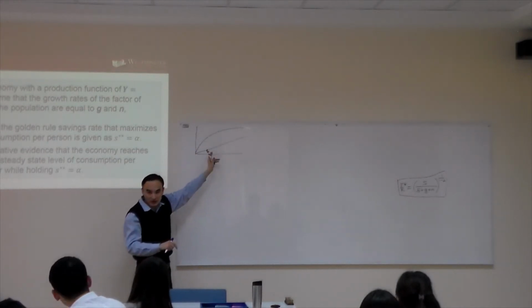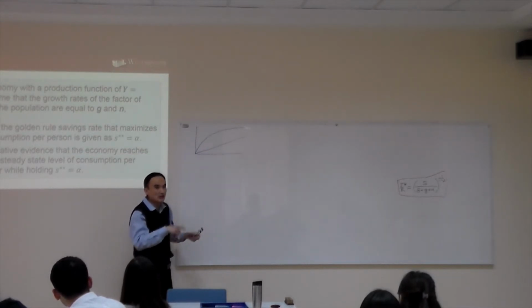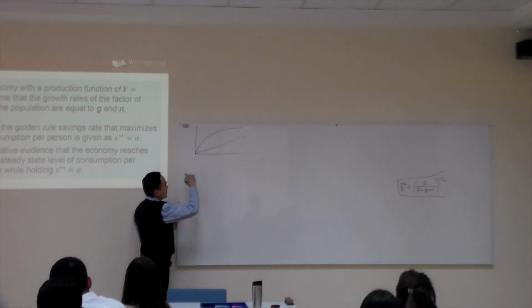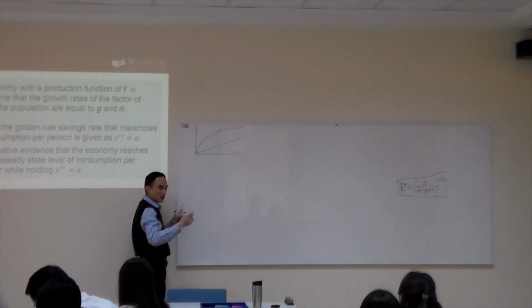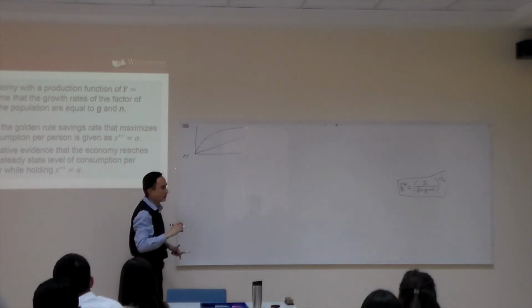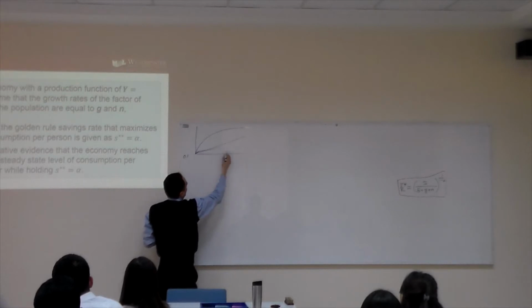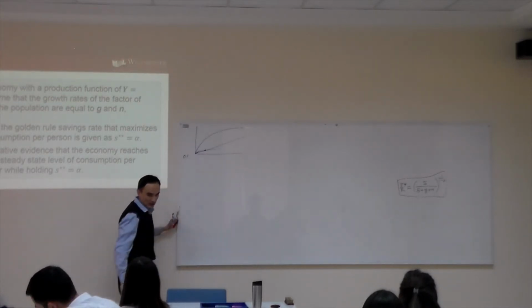But there is one factor that totally depends on our decisions, which is saving. So if our investment is very low, let's say only a 10% saving rate, then our investment line will look like this, yes? And the economy will reach this steady state level.